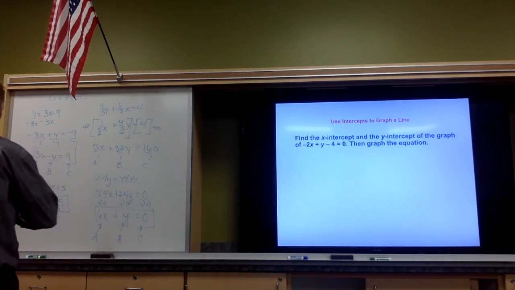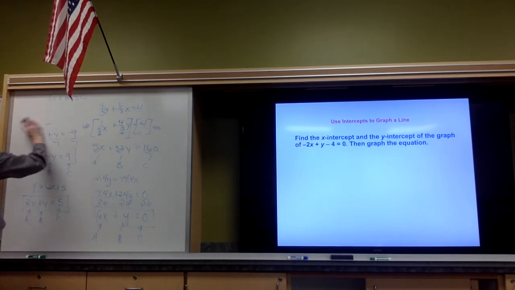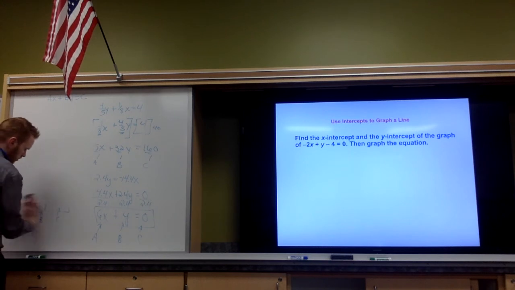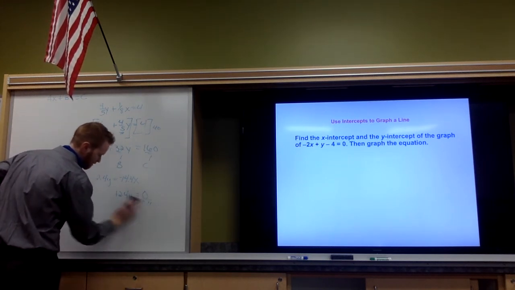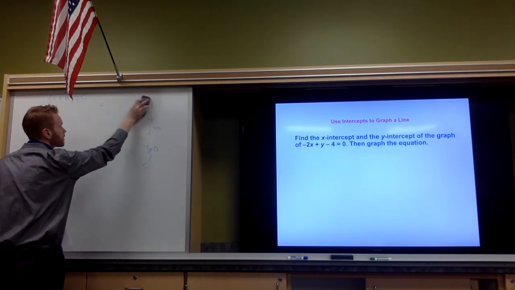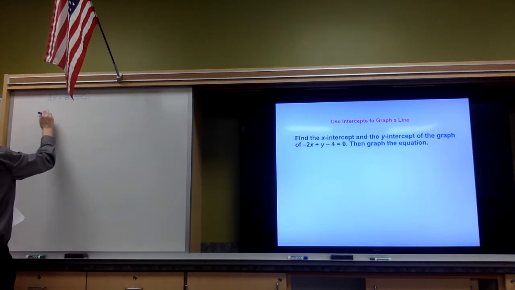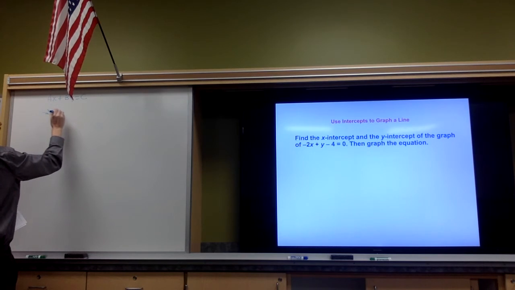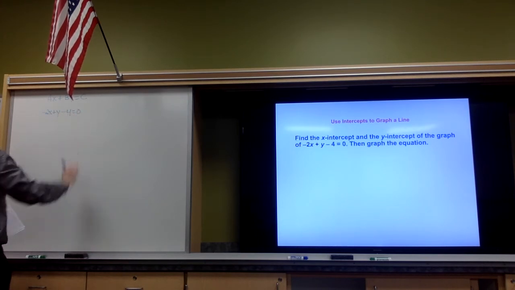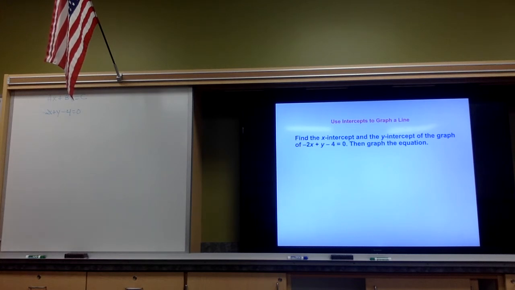Find the x and y intercept of the graph. So what are we going to do? Well, x-intercept, y-intercept.